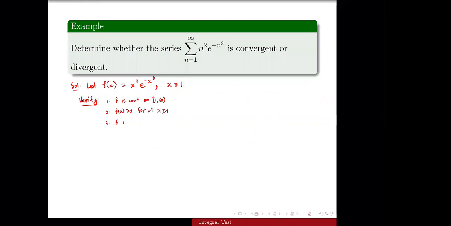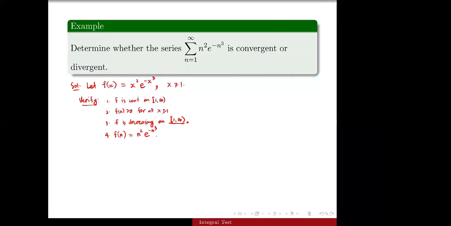Three, f is decreasing on some interval here. I think it's decreasing starting from 1, but just try to verify this, from 1 up to plus infinity. That's the interval. And of course, obviously, you just have f of n, which is n squared e raised to negative n cubed. So verify this. Practice on your own.